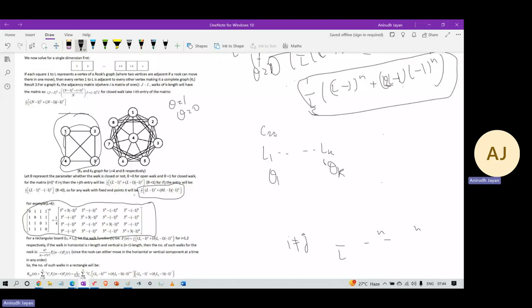If you have x1 till xk and y1 till yk, the question will be framed as: I'm starting from x1, x2 till xk as my starting vector, and my final vector is y1, y2 till yk. How many ways can I move from this vector to this vector in n moves?